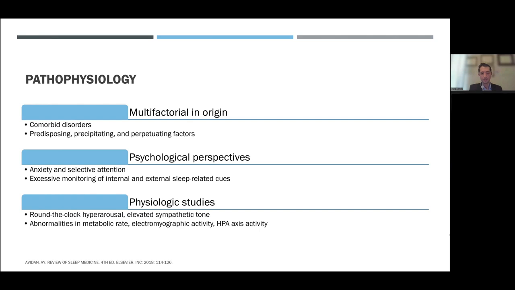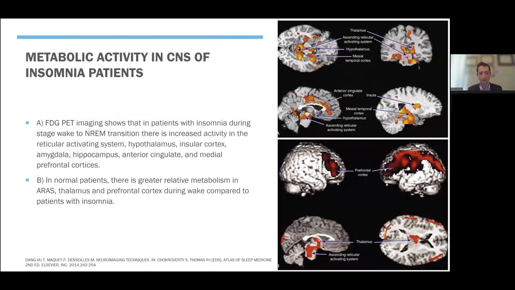And studies have been done that looked at increased activity when you're supposed to be sleeping and relaxing, going from a transition from stage wake to stage non-REM sleep, stage N1, 2, etc. Instead, there's increased activity in the reticular activating system of the brain. What's important about that is the wake system, the activating system of the brain, is more active when it's supposed to be less active.